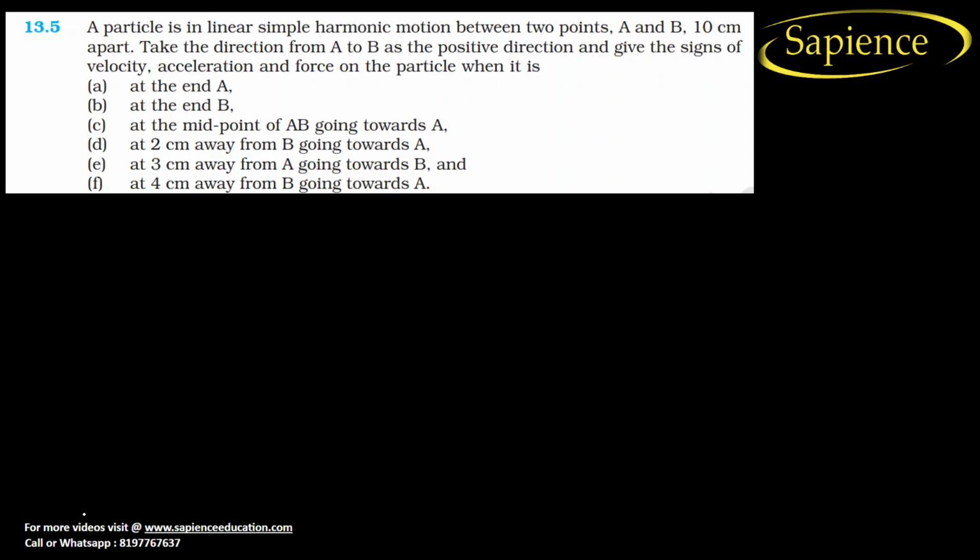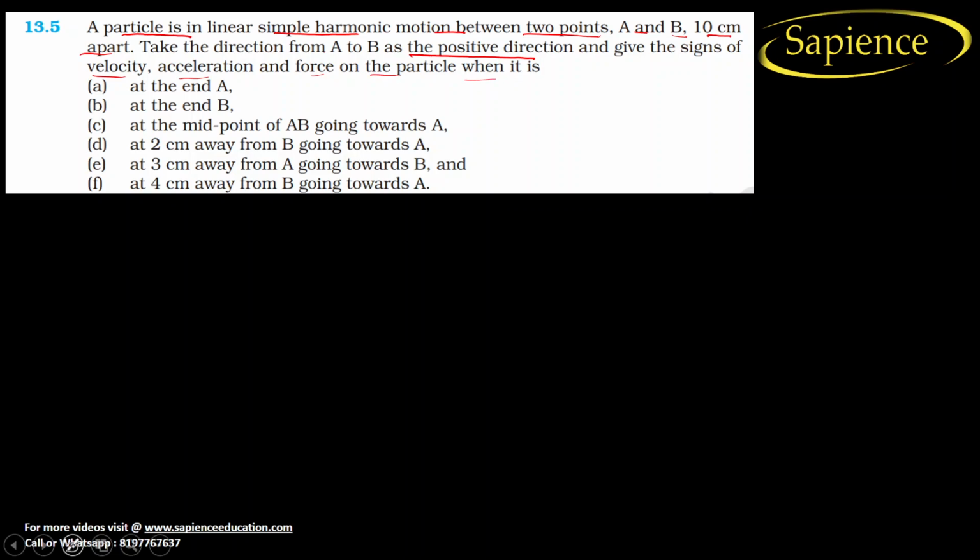Now let us go for question number 13.5. A particle is in linear simple harmonic motion between 2 points A and B, 10 centimeter apart. Take the direction from A to B as the positive direction and give the sign of the velocity, acceleration and force on the particle.